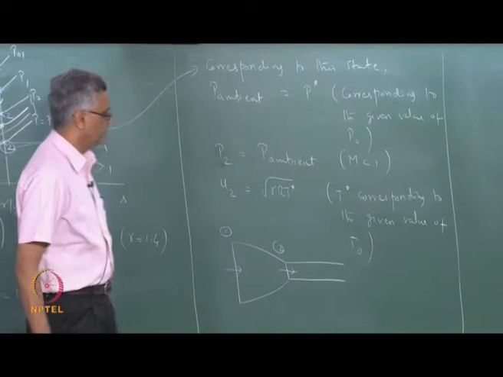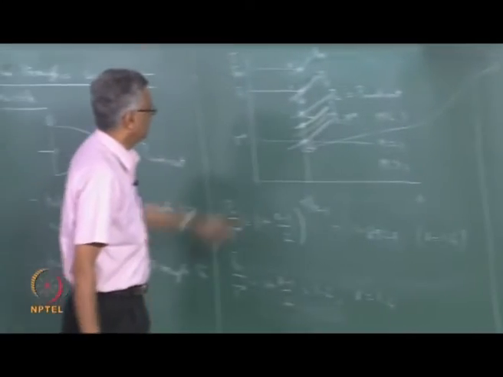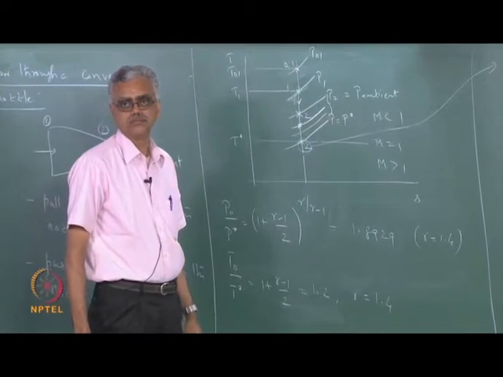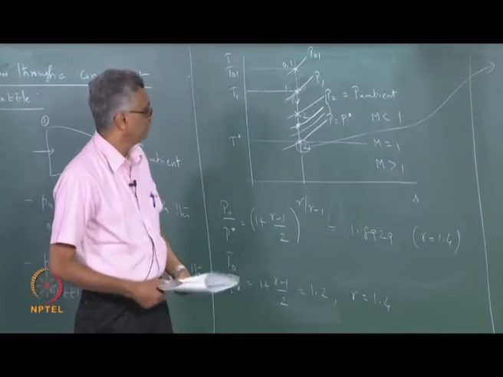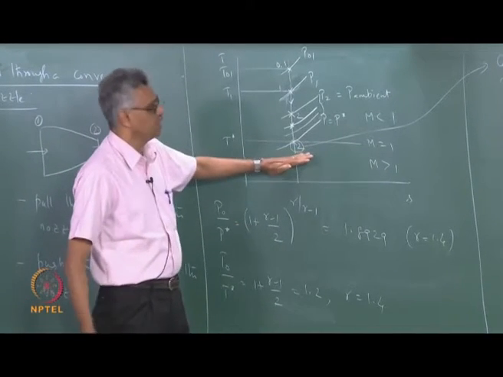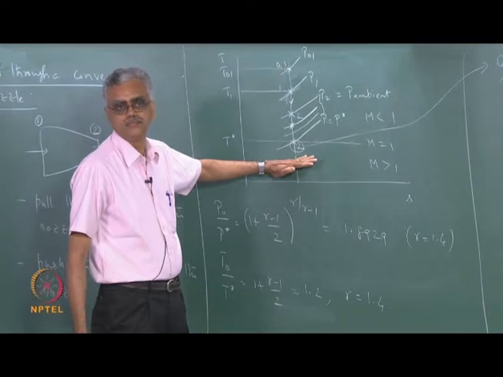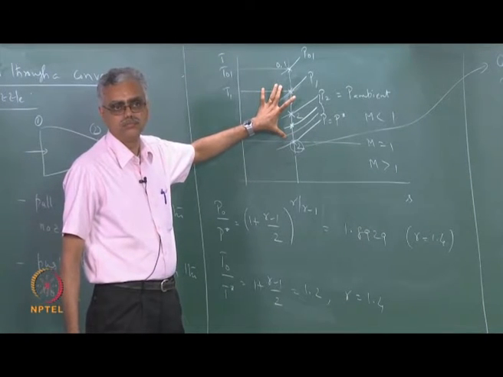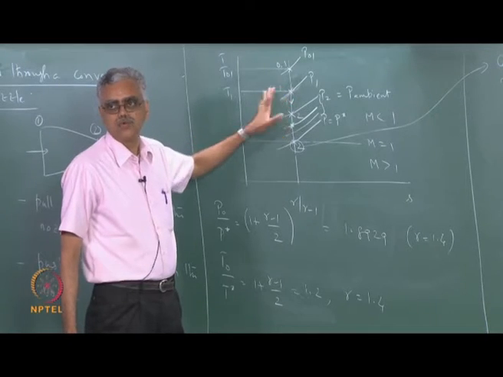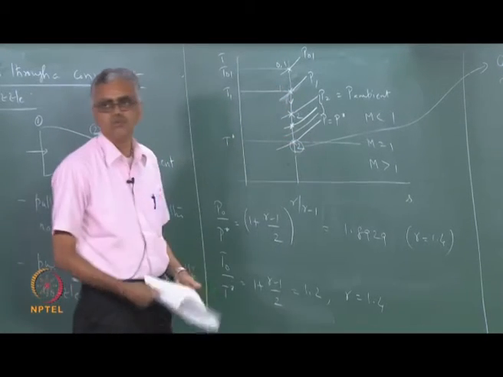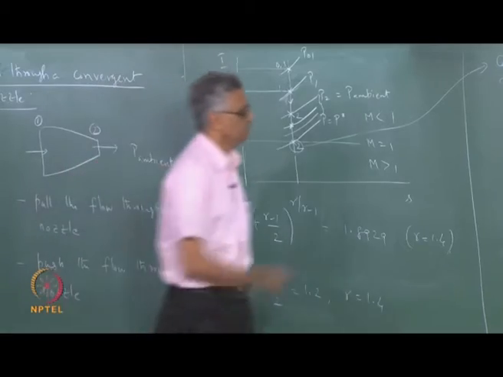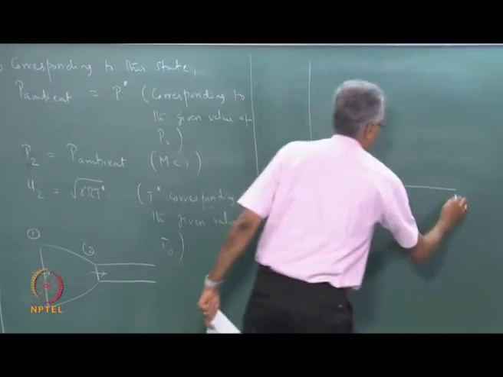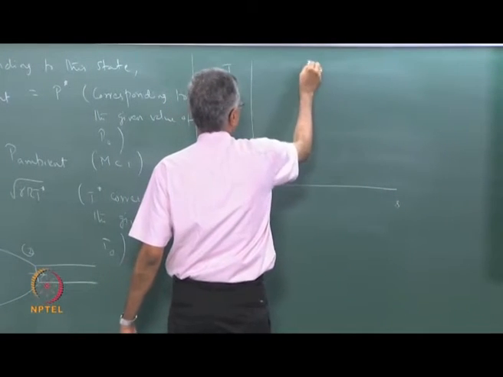Okay. Now we look at a situation when we lower the ambient pressure even more. When I lower the ambient pressure even more, what will happen to this flow? The flow in the nozzle, if I lower the ambient pressure some more. Let me sketch that separately here. We have attained that state, so let us do it like this.